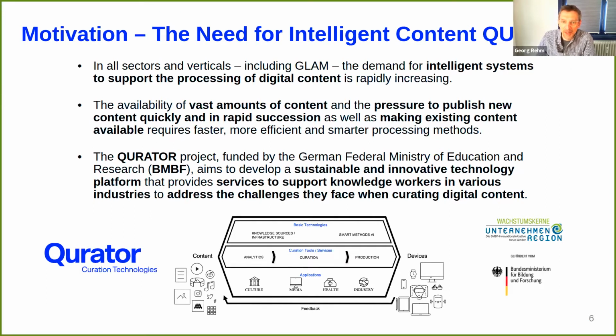There is a huge demand. In this specific project, we are looking at vast amounts of content. They are available, and there is a huge pressure everywhere, left, right, and center, to publish new content quickly, but also to make existing content available, which requires faster, more efficient, and smarter processing methods.